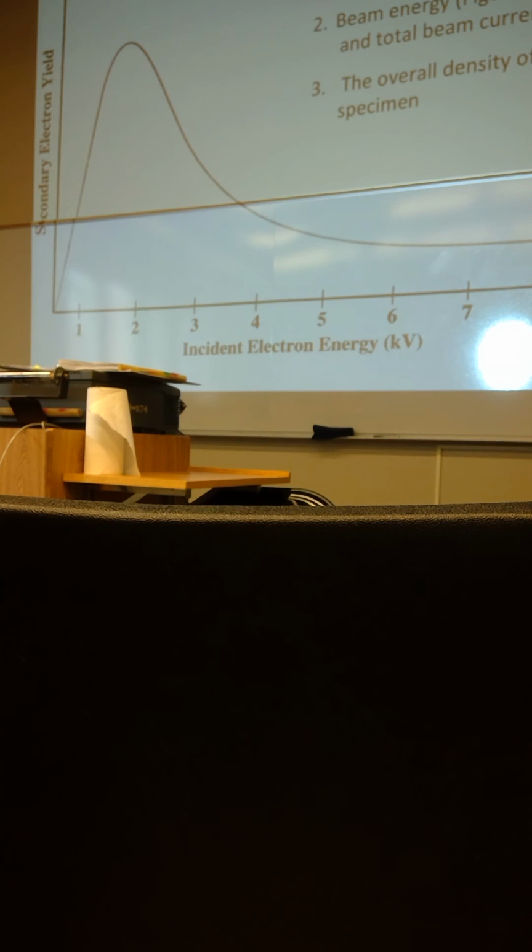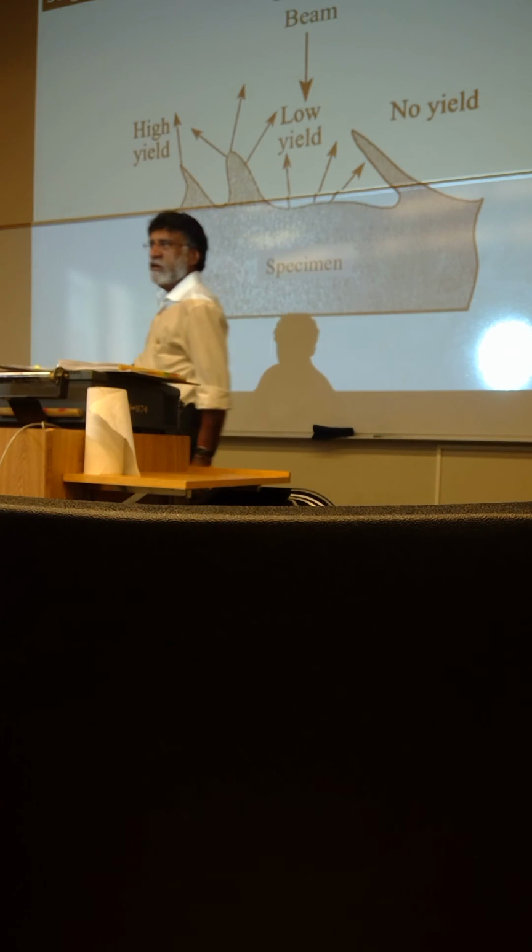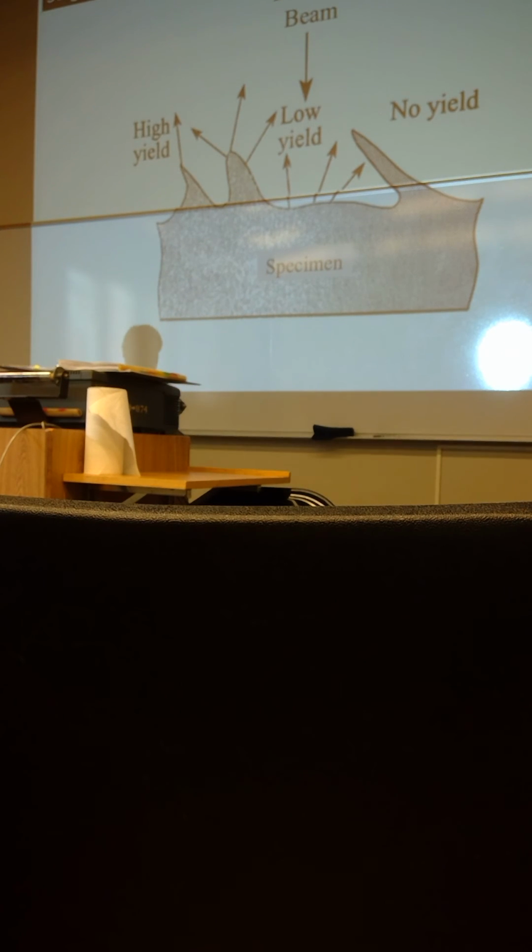Now, there are two important things that happen in terms of the secondary electron generation. As we have said, it depends on the topography. That's how we are able to make the topographical images of what the surface looks like. And also there is something called the number contrast.